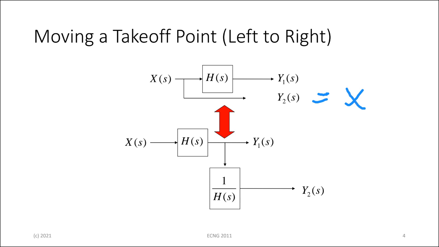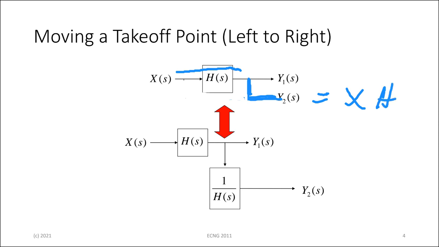If I take the takeoff point here and connect it after the block, then X has gone through H. So right now, if I leave it like that, I have XH coming out as Y2.